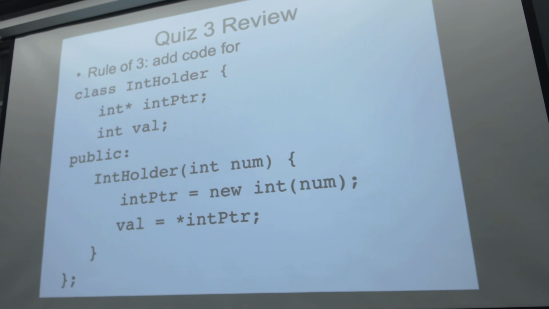First, let's swap val with other's val, although swapping them seems a little overkill. And then we're going to swap other's int pointer with int pointer. So we're saying other holds a new independent int.